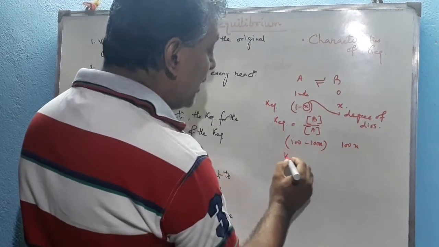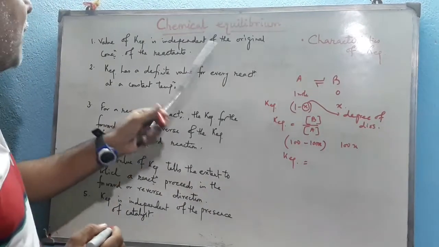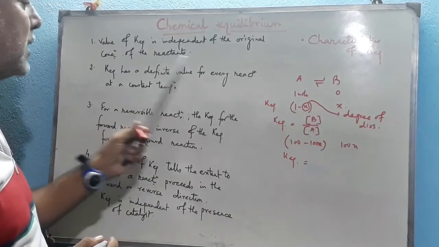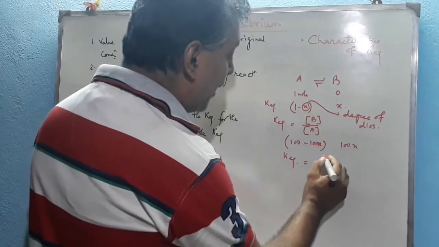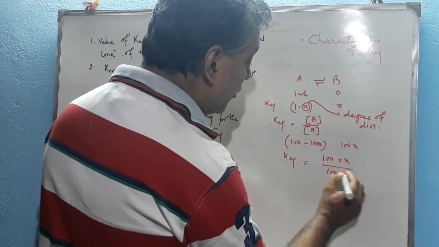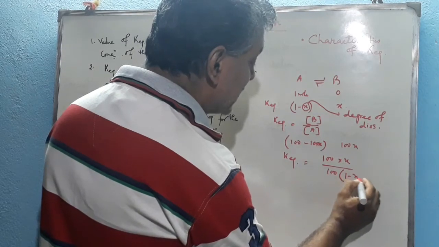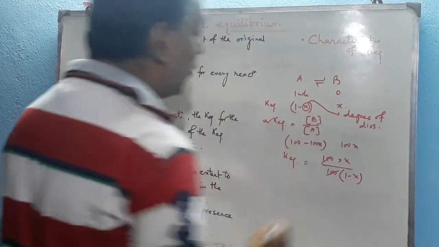So the ratio becomes the same in all these cases. Therefore the value of K equilibrium is independent of the original concentration of the reactants, and K equilibrium equals 100x divided by 100 into 1 minus x, which is the same as the first expression of K equilibrium.